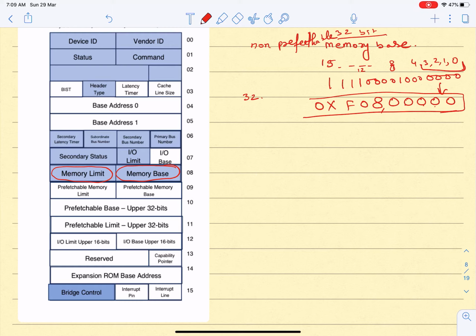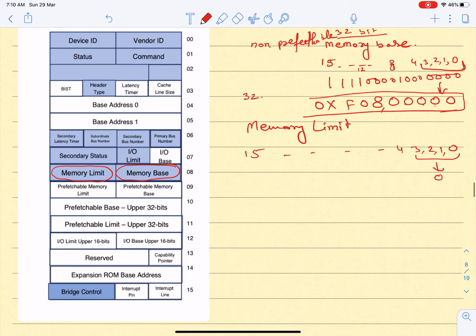Okay, and now we have the memory limit. How it will become is, we have 15 down to 0. Again, because it is 32-bit and non-prefetchable, 3 2 1 0 should be 0, and 15 down to 4 will have the value which will be, again let us suppose that it has the same value, 1 1 1 1 0 0 0 0 1 0 0 0, F08.